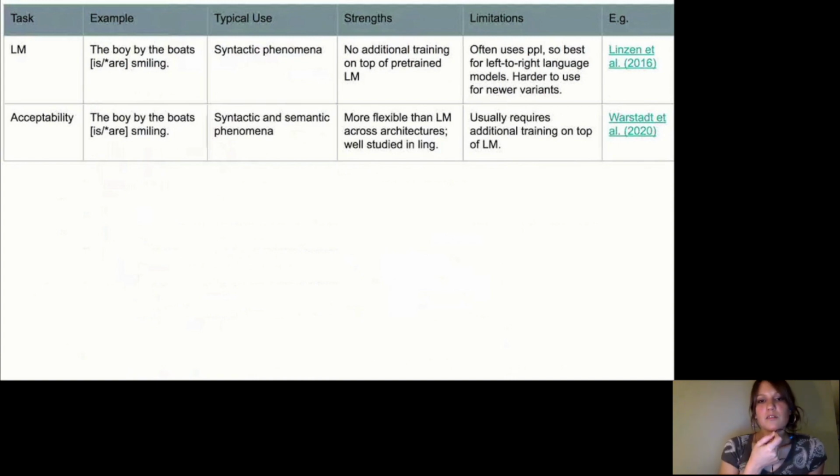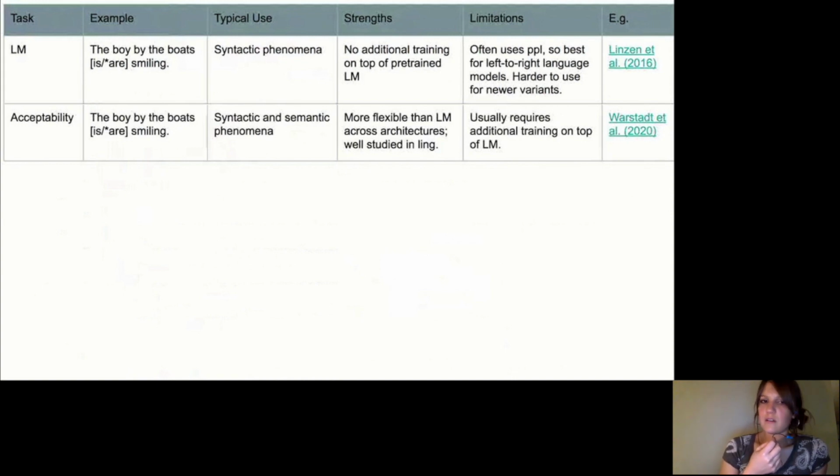The same idea holds, although for acceptability, it could be easier to probe for semantic phenomena as well, since you can come up with sentences that are unacceptable for semantic reasons rather than purely syntactic ones. It's a bit more flexible than the language modeling approach.